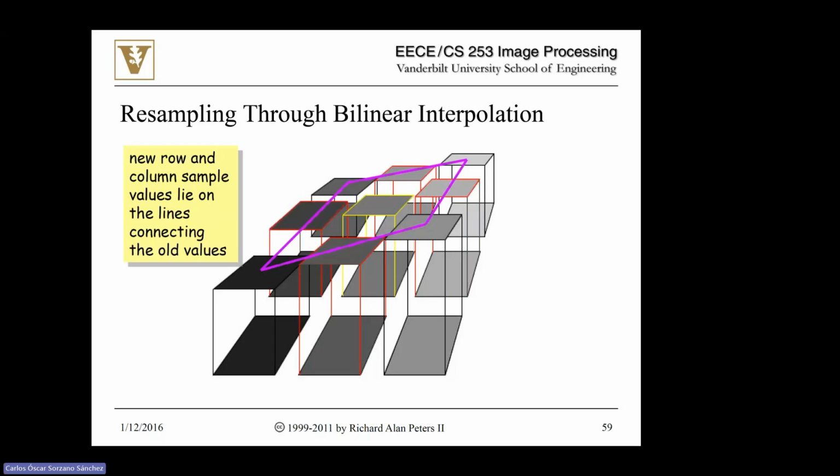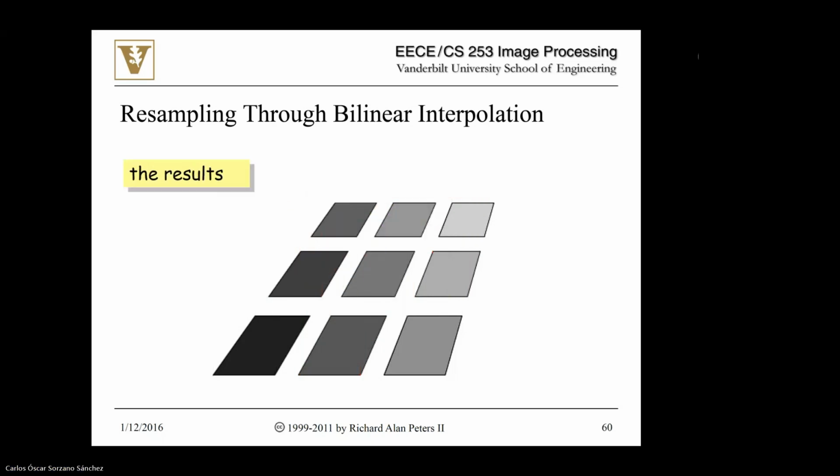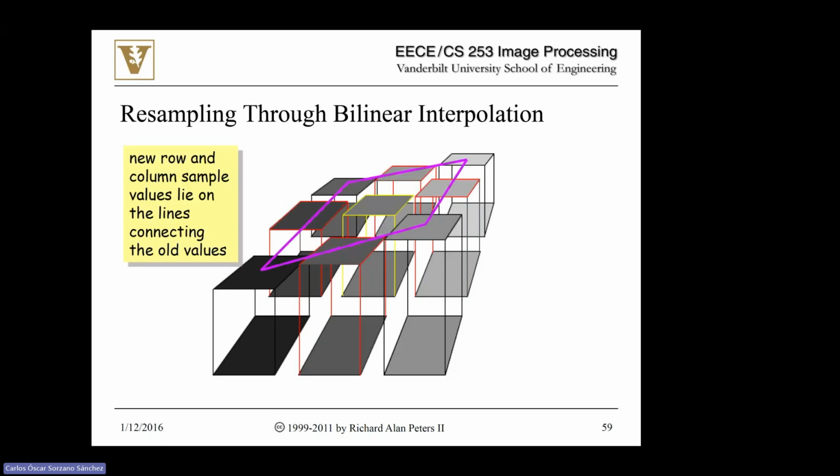Then we look at this side, and the pixel that we got is in the middle. We will evaluate this side, and this side is a line. We evaluate this side at this location, and the same on the other side, and the same on the other axis. So we have this side, this side, this and this, and we will evaluate at these 4 points. And then we evaluate this point as the intersection of this. This is a line, this is another line, and that is why it's called bilinear.